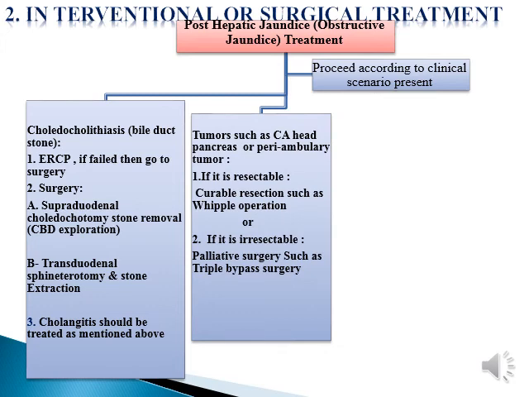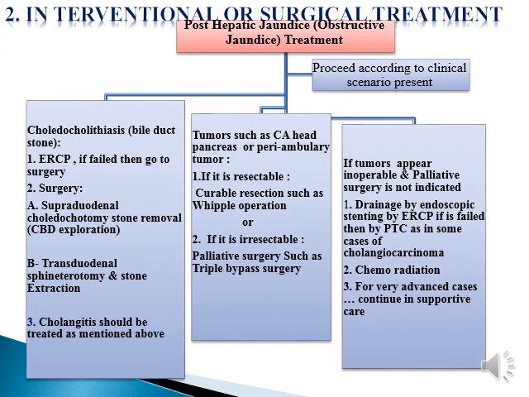Or the scenario is a tumor, where the underlying cause of obstructive jaundice is a tumor such as carcinoma of the head of the pancreas or a periampullary tumor. If it is resectable, then the treatment is curative resection such as the Whipple operation. If it is irresectable, then the treatment is palliative surgery such as triple bypass surgery, which we usually do in cases of irresectable carcinoma of the head of the pancreas.